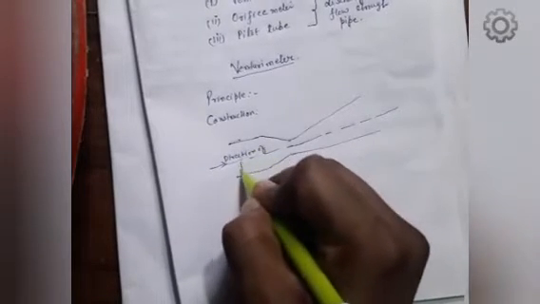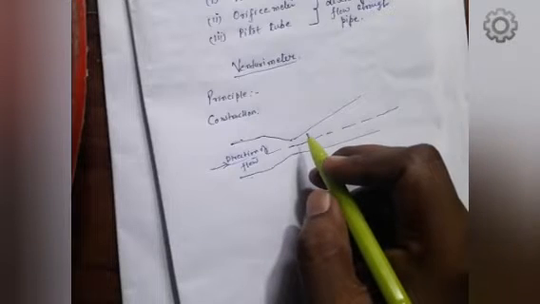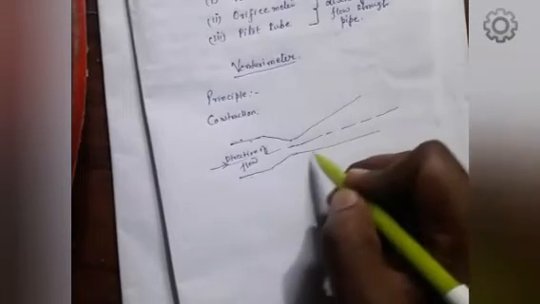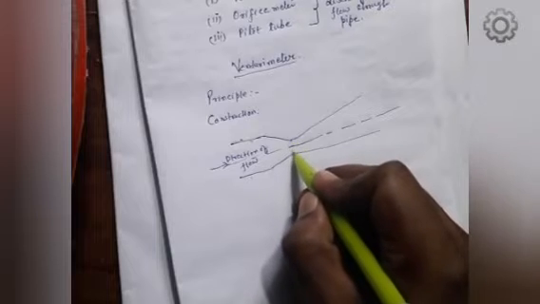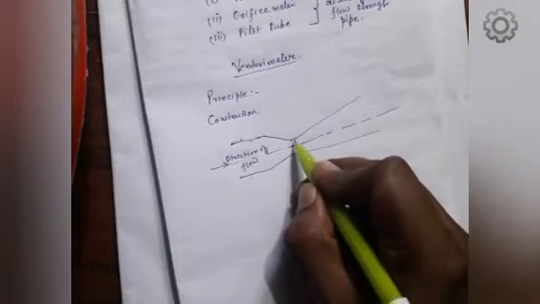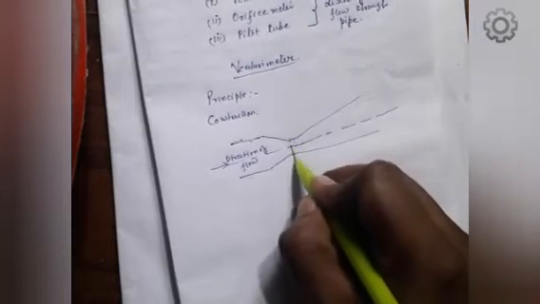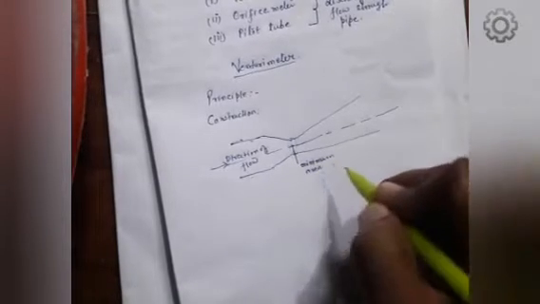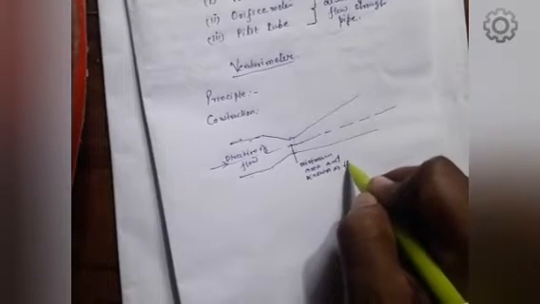A venturimeter is essentially a short pipe consisting of two conical parts. One conical part is this, and the second conical part is this. And there is a small cross section between them. The short portion has the minimum area and is known as the throat.